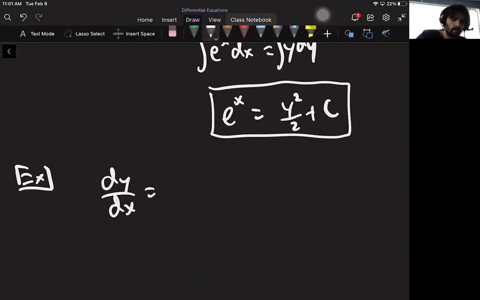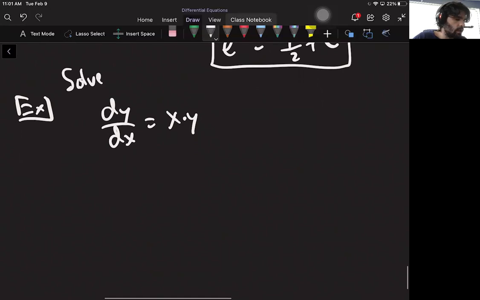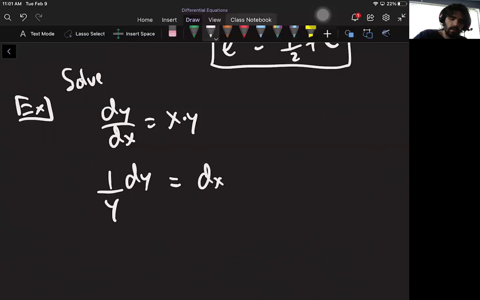So this one, y prime has already been written as dy dx. Now I got to get my variables separate. So if I divide by the y, I'm going to write it like that, and I'm going to multiply the dx over like that.